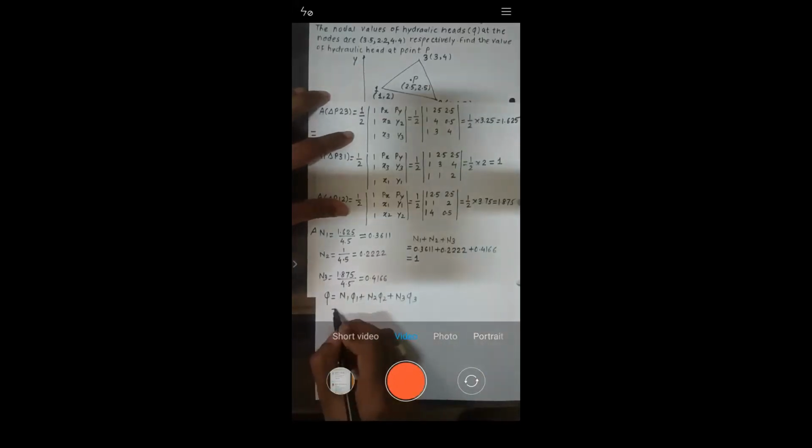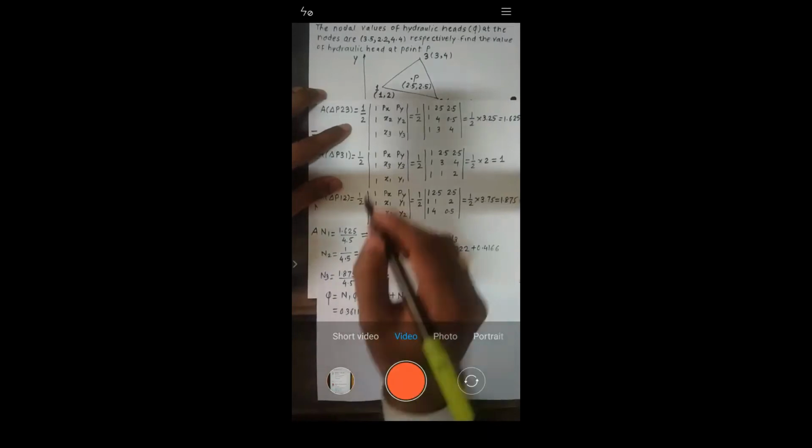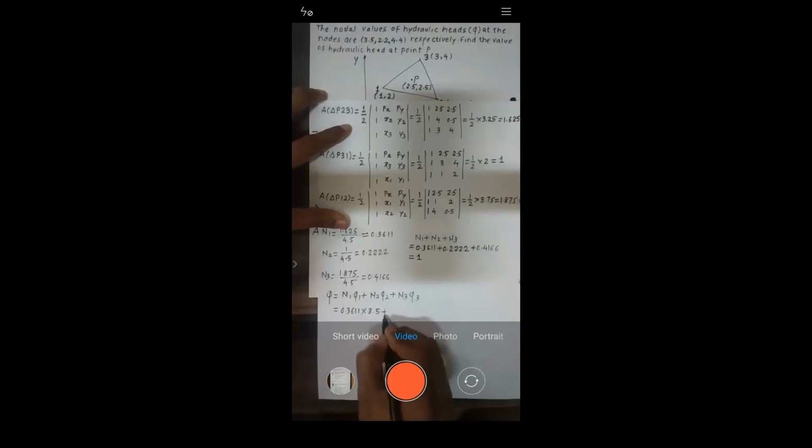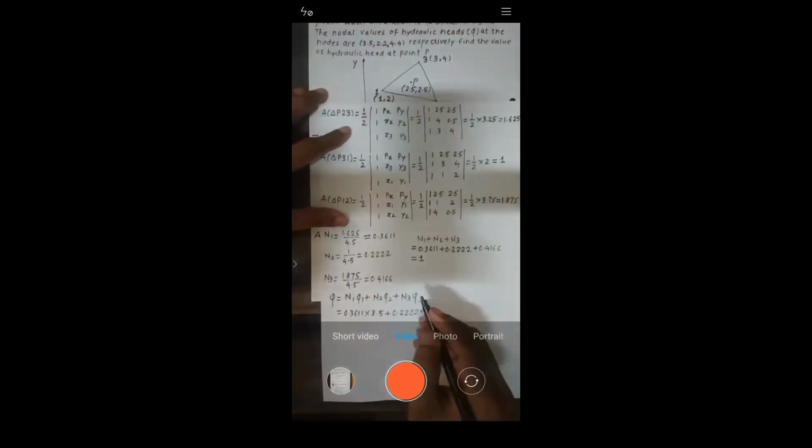So what is N1? N1 we are having as 0.3611 into phi 1. What is phi 1? It's 3.5, right? Plus N2. N2 we have calculated 0.2222 into phi 2. It is given in the problem, 2.2. Plus N3. N3 we have calculated 0.4166 into phi 3.